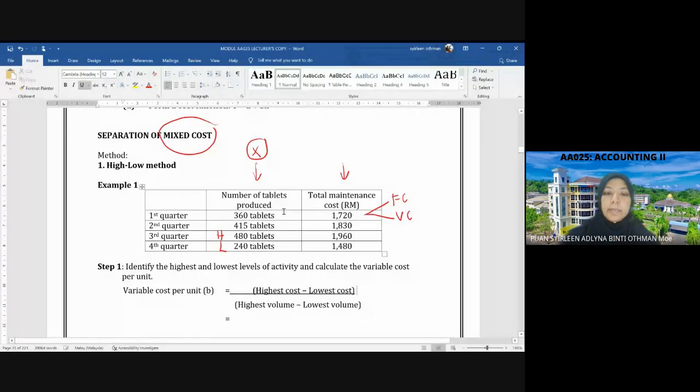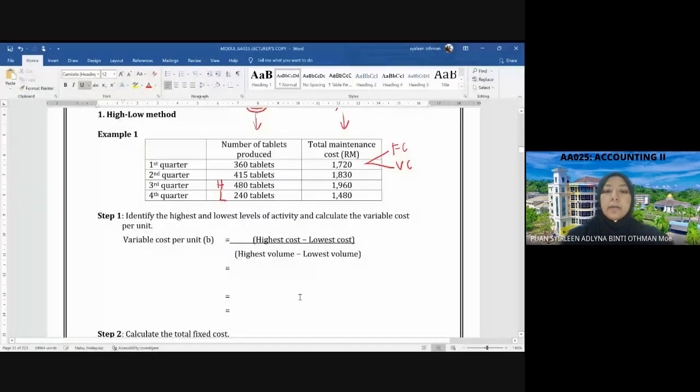This is X, and this is your cost, that is Y. Its formula to calculate the variable cost per unit, because we used the high-low method just now, we will take highest cost minus lowest cost. You looked at highest and lowest just now referring to volume, but when you substitute into the equation, we put cost on top, volume at the bottom.